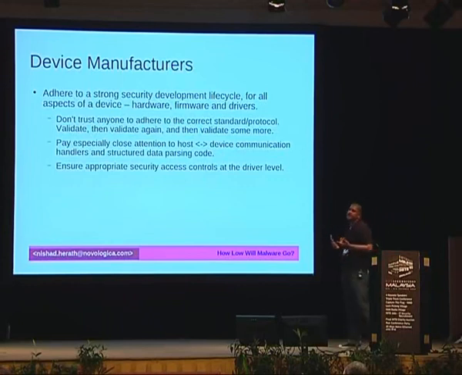When you're auditing code, especially pay close attention to the parts of code that get tainted by I/O, especially that can be controlled by the user. So, host device communication handlers, structured data passing, any kind of complex user data processing. These things can be problematic.